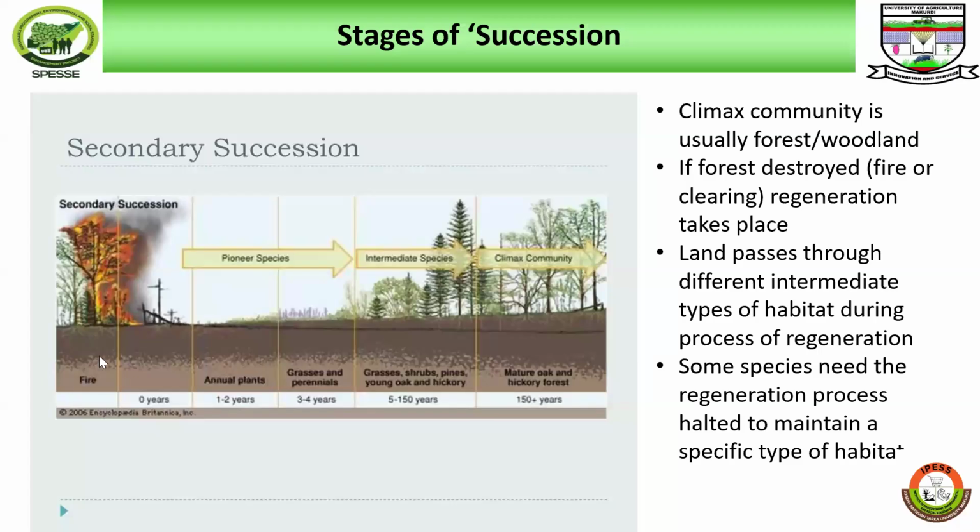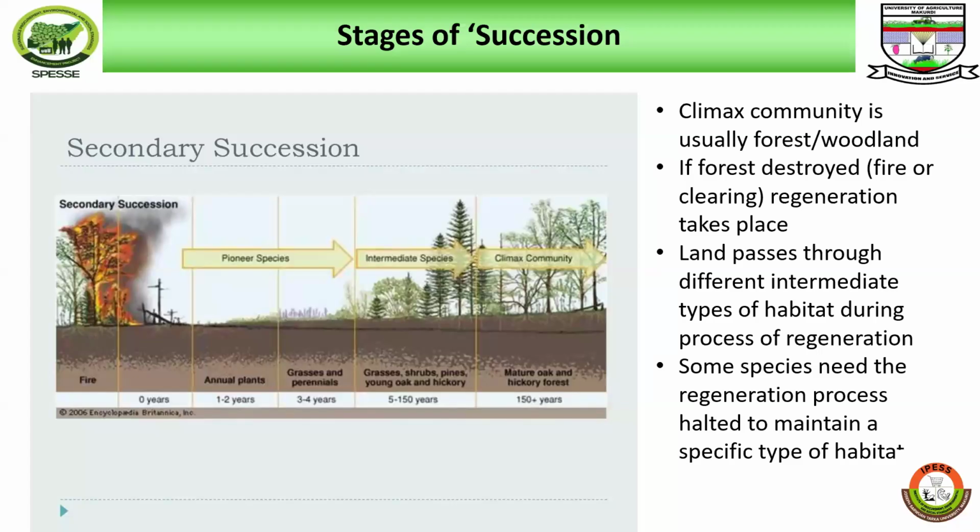So within 2 years, you plant your pioneer species, within a year, grasses and perennials, within 3 to 4 years. And then you move into the intermediate species, grasses, shrubs, pines, young oak, and hickory for 5 to 150 years. And then your mature oak and hickory forests, 150 years and beyond.